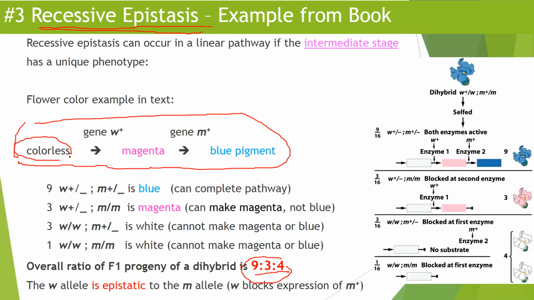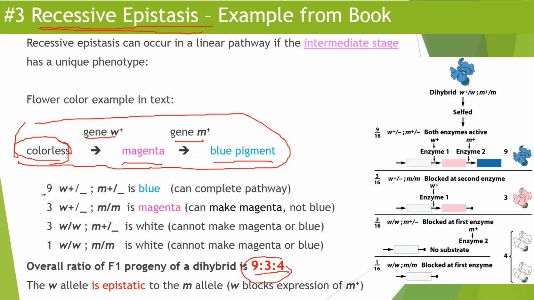Okay, so this pathway starts from the initial stuff, which is colorless, and then the gene 1 wild type will produce some intermediate product, which is the pink. And if the second gene is also wild type, you're going to see the end product, the blue, right?